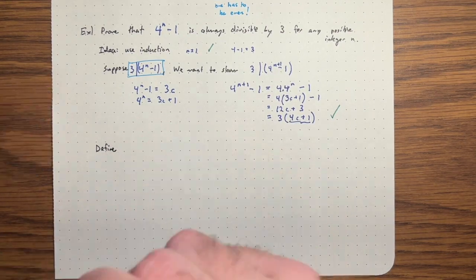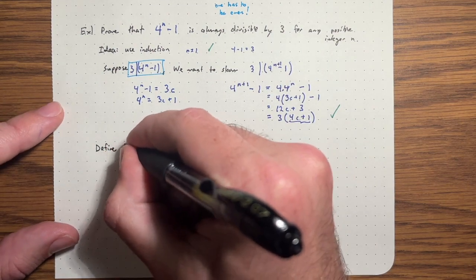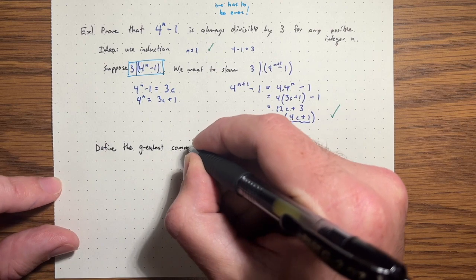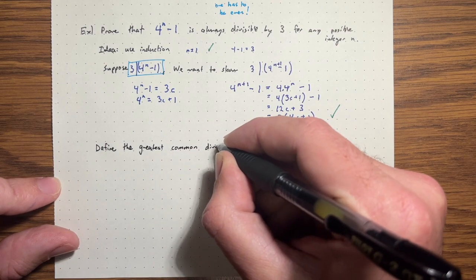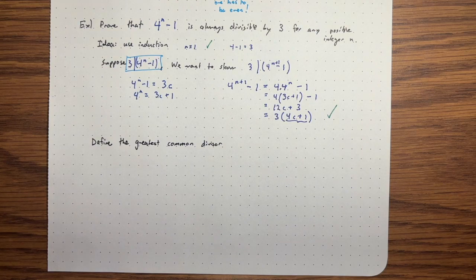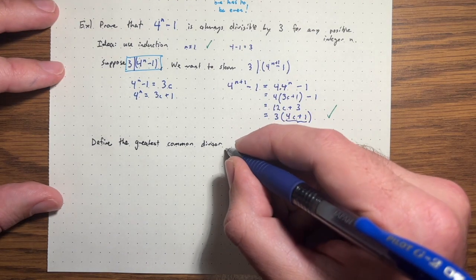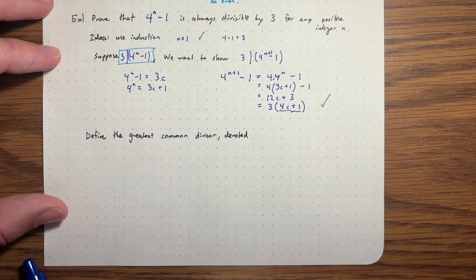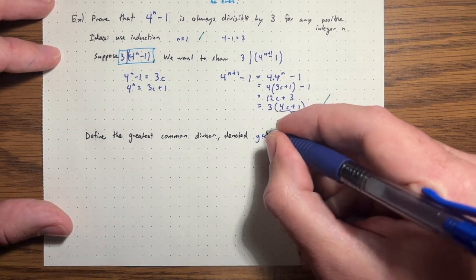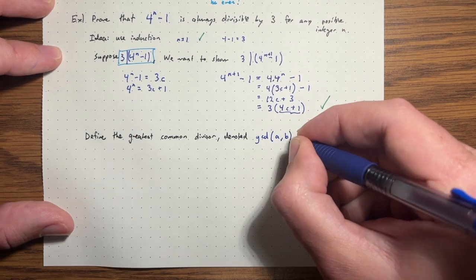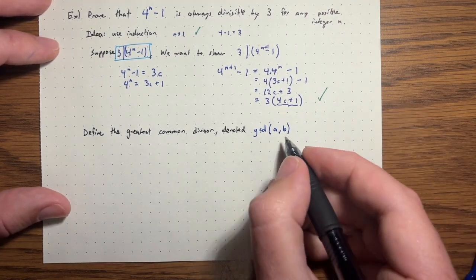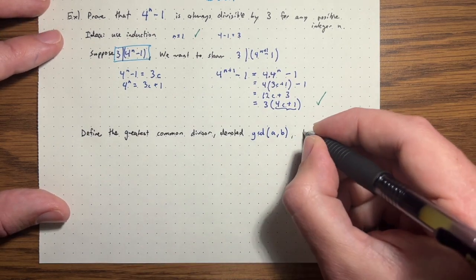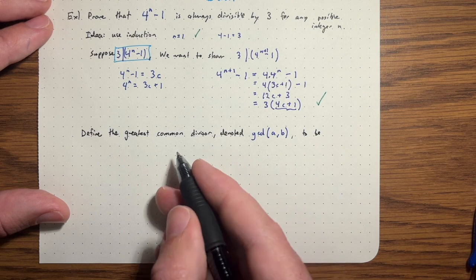We'll define the greatest common divisor, denoted GCD of a and b, where a and b are two integers, to be exactly what you think, right?